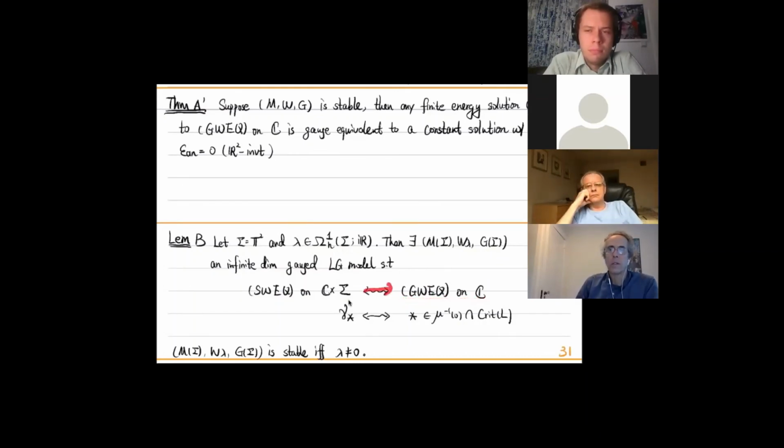Moreover, under this identification, the special solution gamma star is identified with this constant solution with image in this intersection. Lastly, this infinite dimensional LG model is stable if and only if the one form lambda is non-zero.